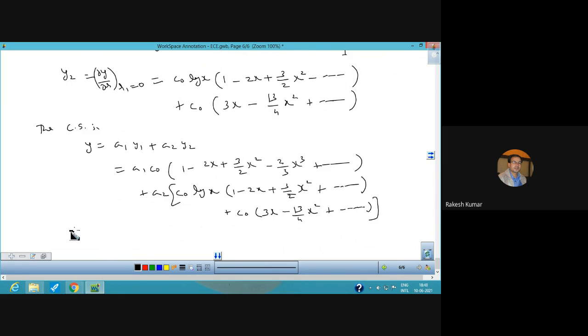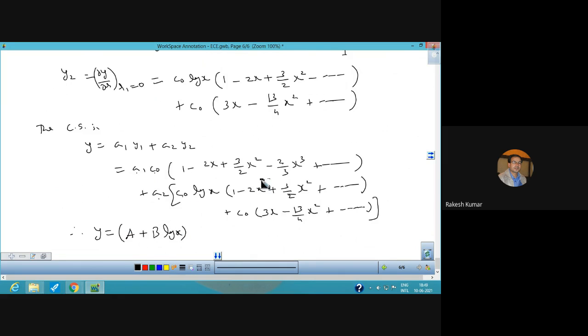Now you can adjust the terms. Therefore, y is equal to, now you just see, what is this? A1 C naught is there, and this can be named as a constant, that is a capital A, because this is a constant, this is a constant. So the combination of two constants is a constant. And similarly, A2 C naught, this is another constant, that is B into log of x.